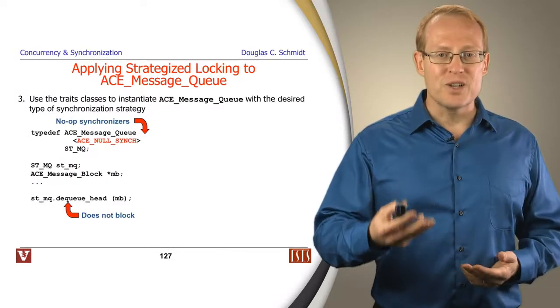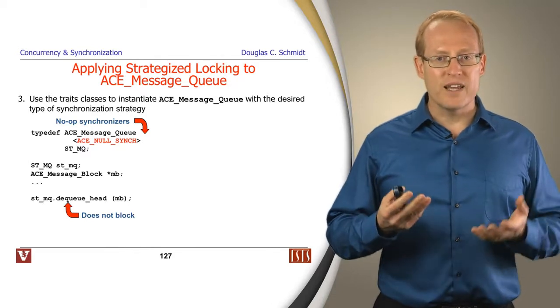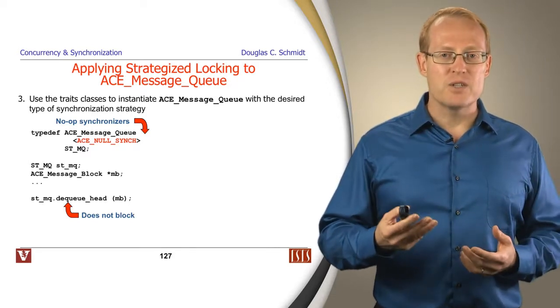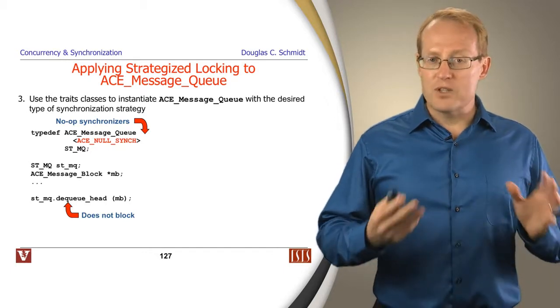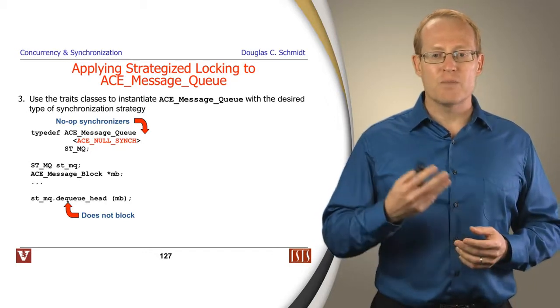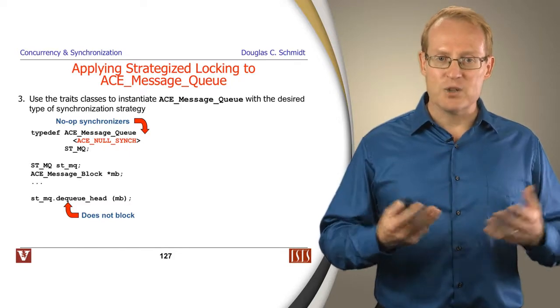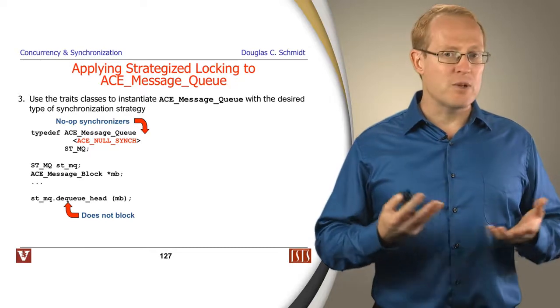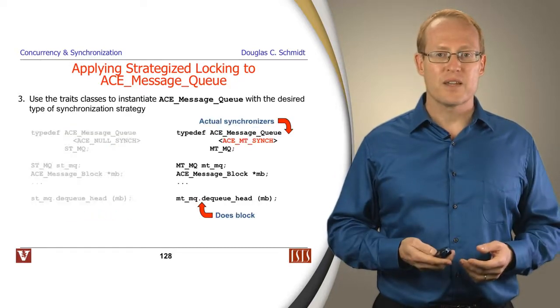Speaking of which, let's take a look now at how we could use these trait classes to instantiate the appropriate variant of ACE message queue depending on what it is we're trying to do. If we don't need synchronization at all, we can simply provide a no-op synchronizer like ACE null sync and that traits class. And that means anytime you try to dequeue from a queue that's empty, it won't block. It'll just fail.